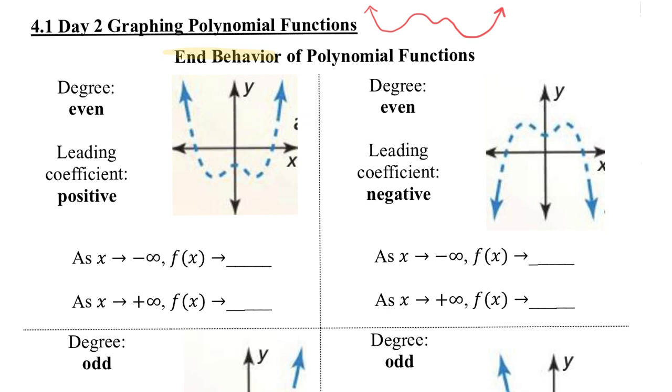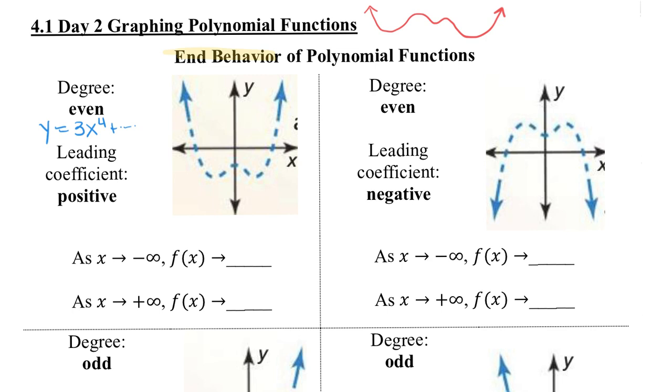Okay, so for this first graph here, this has an even degree and a leading coefficient that is positive. So for example, that could be something like y equals, I want it to be positive, and I want it to be an even exponent. Okay, now it could have a bunch of other stuff after it, but it has to start with a positive and an even.